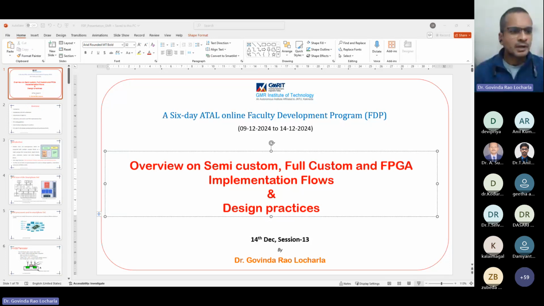Of course, most of the audience might be very familiar with these implementation flows, but my intention in bringing up this topic is to connect some of the dots. Probably not all have connected them so far, or if I missed connecting any dots, I may get inputs and learnings from you.